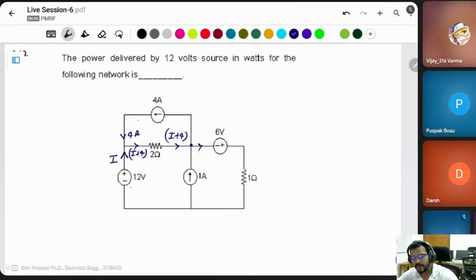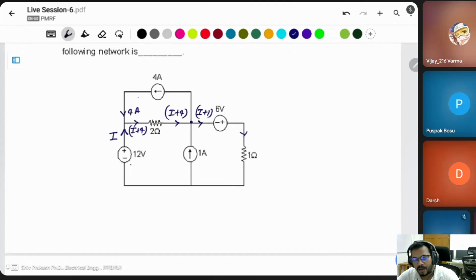Don't worry about the super node. Simply search for that node where you can apply KCL, or where you can apply KVL. Then search for that loop.